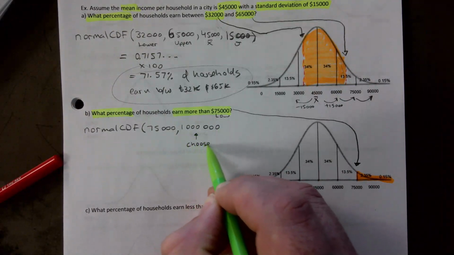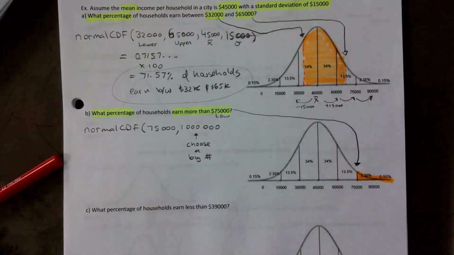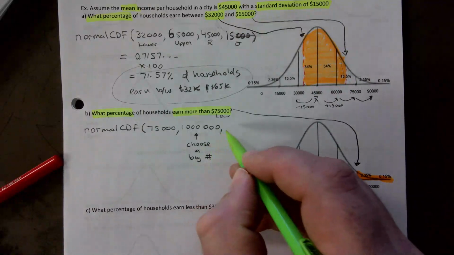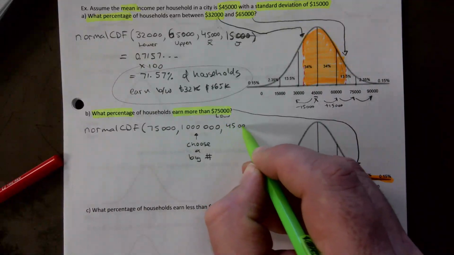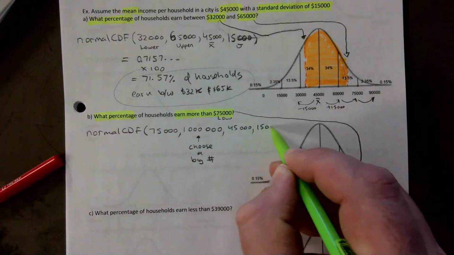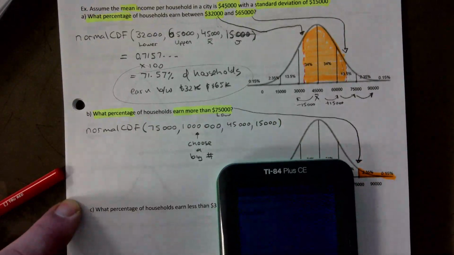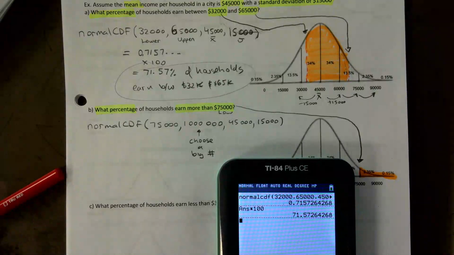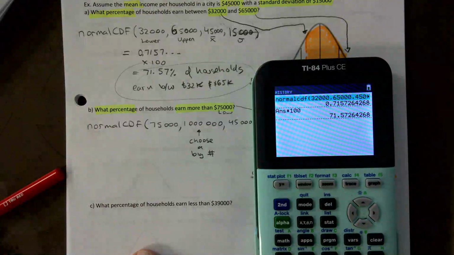Choose a big number. That's it. Okay, choose a big number. And the mean is still 45,000, and the standard deviation is still 15,000. Okay. So I'm just going to copy paste, okay, folks? Because I already have it there.